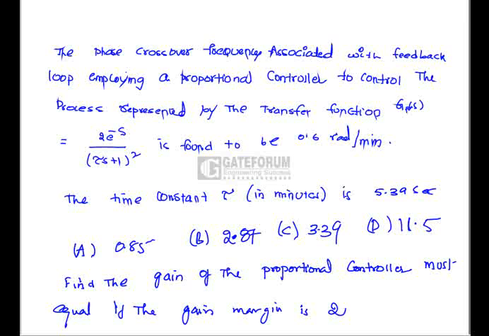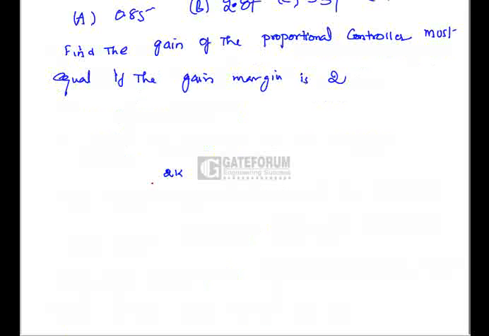We know that the magnitude of Gp(S) is 2k, where k is the gain of the proportional controller, divided by (5.39 omega p plus 1) whole square, equals 0.5, because the gain margin is given as 2, so it equals 0.5.